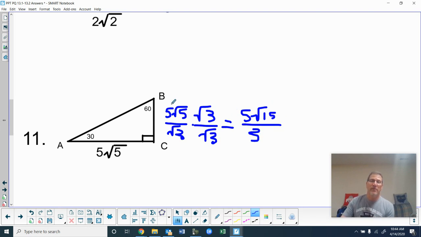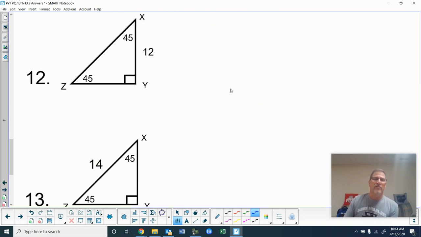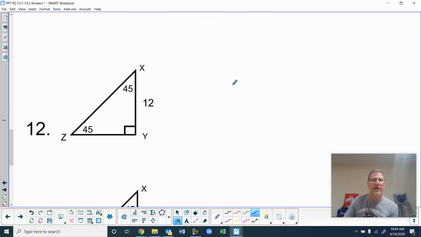And then again, just double the short leg to get the hypotenuse. So just double the 5, and it's 10 times the square root of 15 over 3. So don't make it harder than it is. Just learn those, okay?